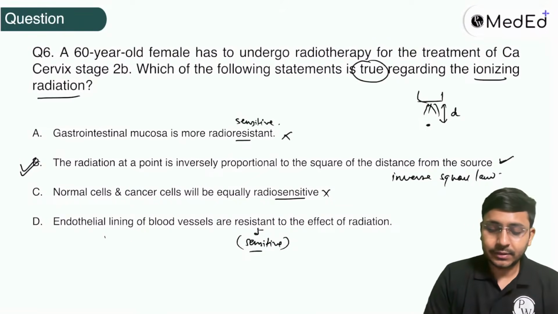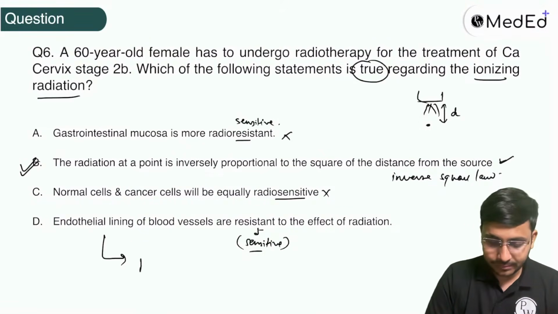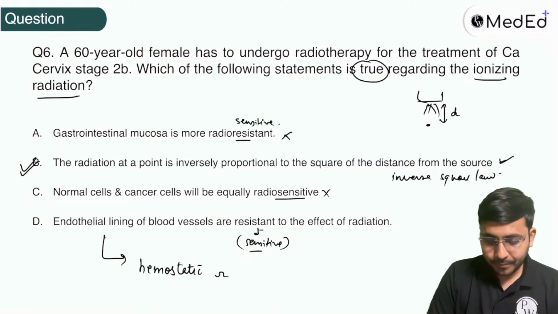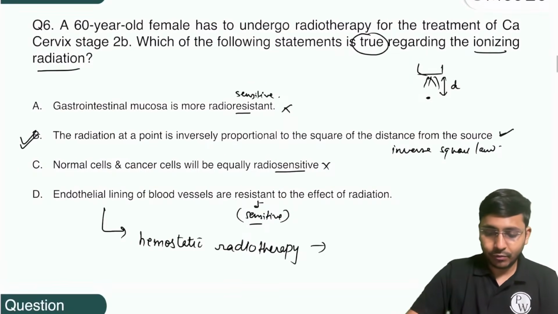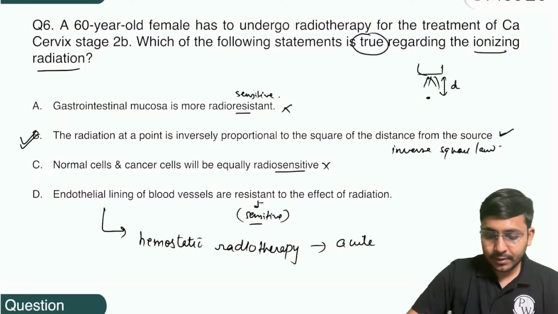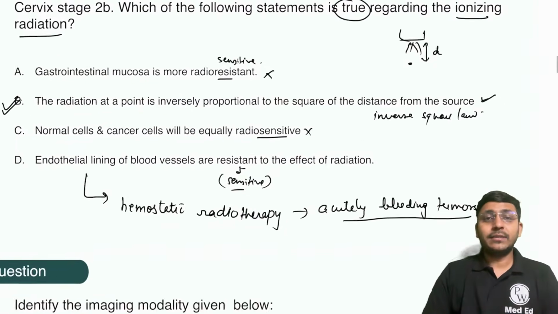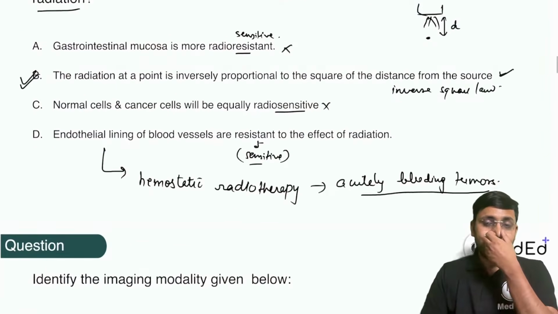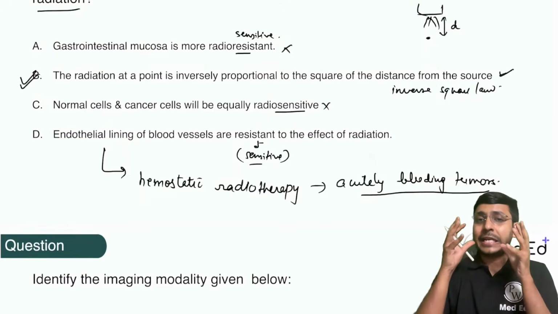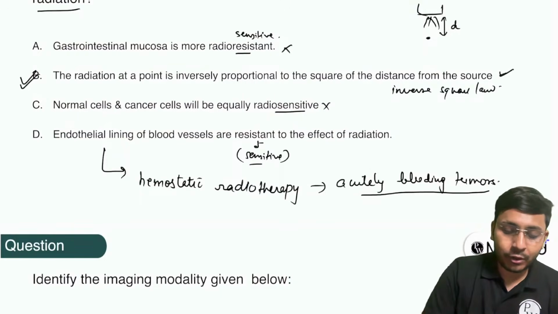And you remember this, that there is something known as hemostatic radiotherapy. And where is it given? It is given for acutely bleeding tumors. Right? What is hemostatic radiotherapy? That we know that radiation therapy is injurious to the endothelial lining of blood cells.